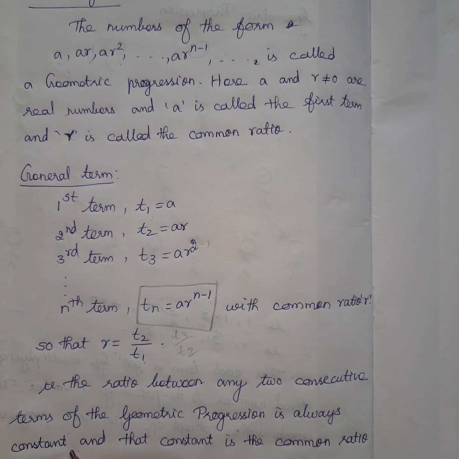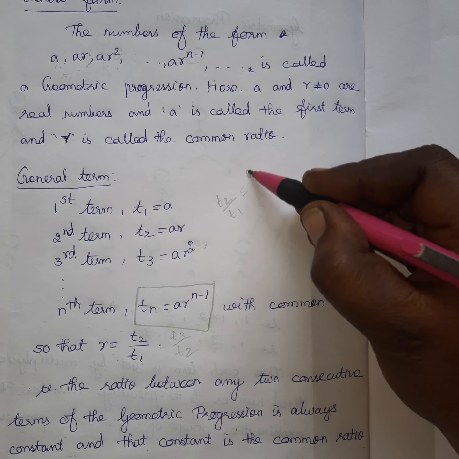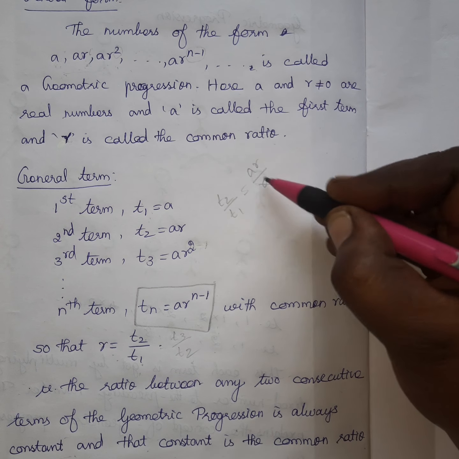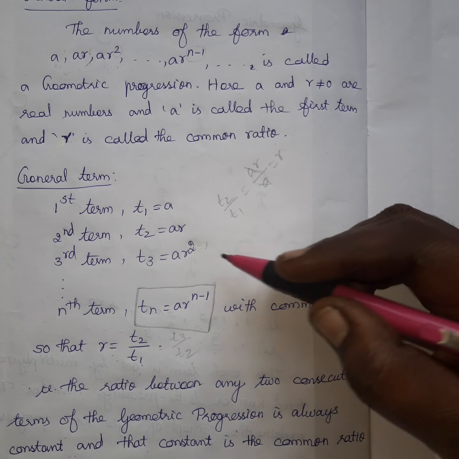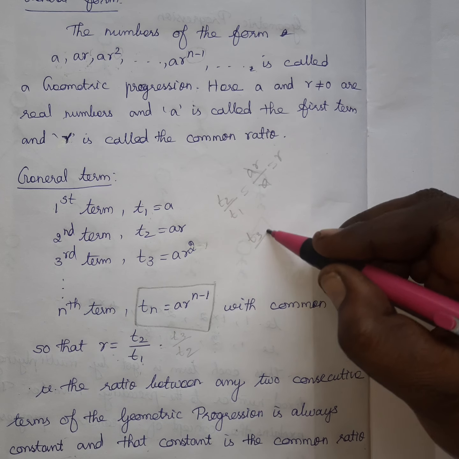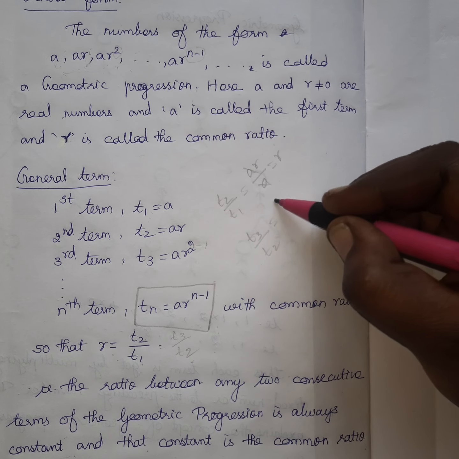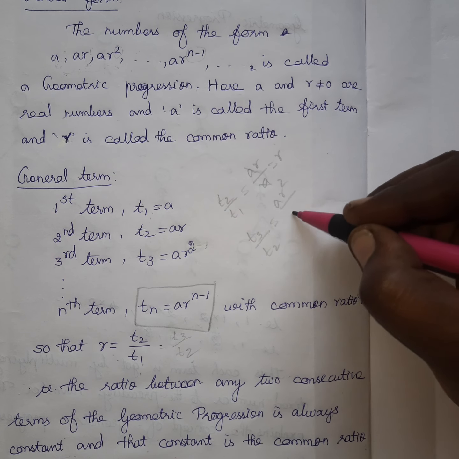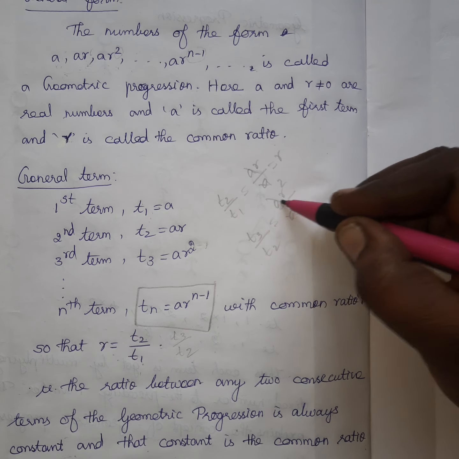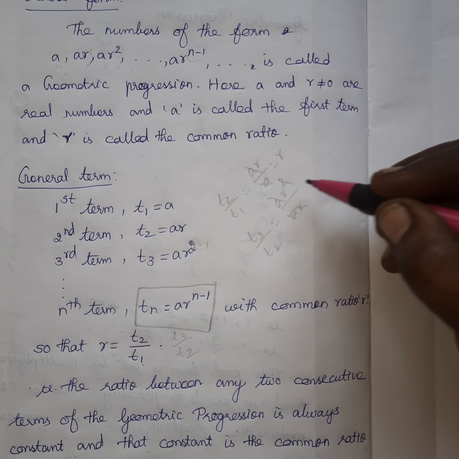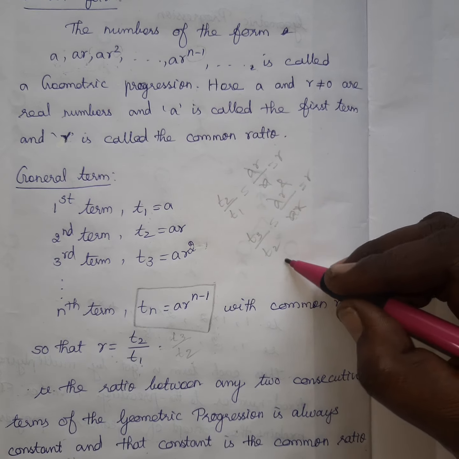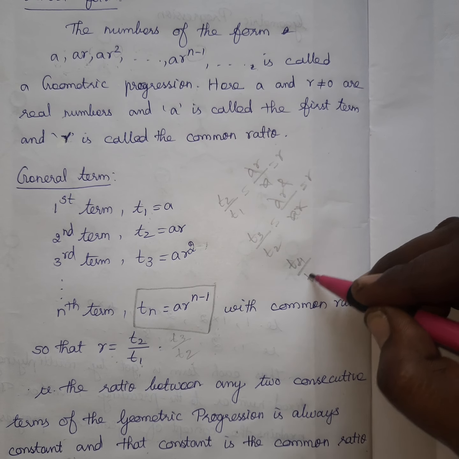Now when you see these three terms, T2 divided by T1, what is the value? a r divided by a. So a, a cancel, you will get r. What about T3 divided by T2? It is a r power 2 divided by a r. So a, a cancel, one r you can cancel, so you will get r. What about T4 divided by T3?